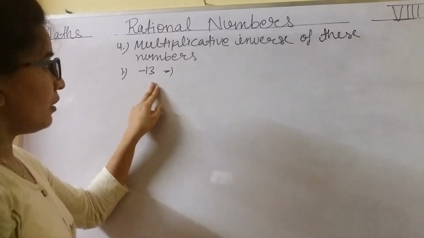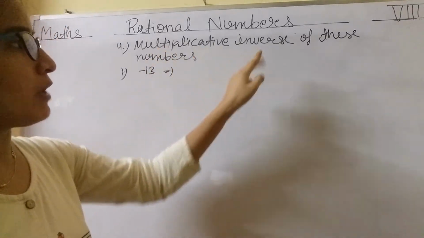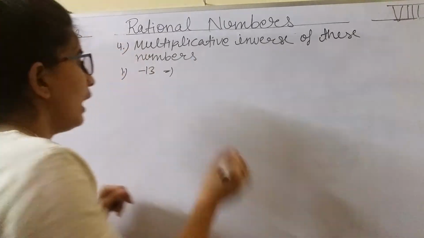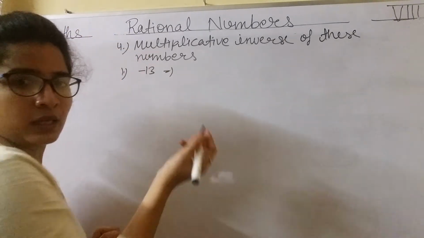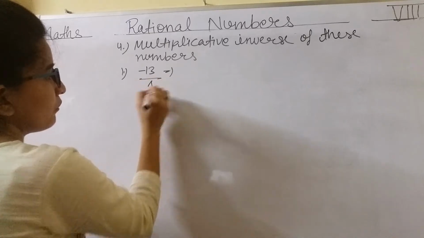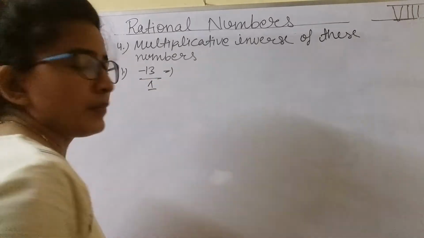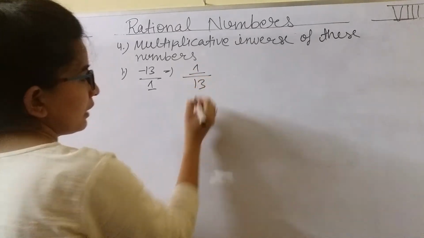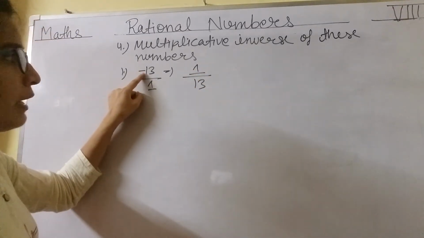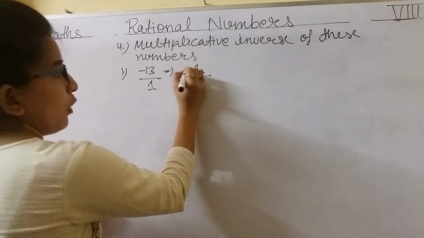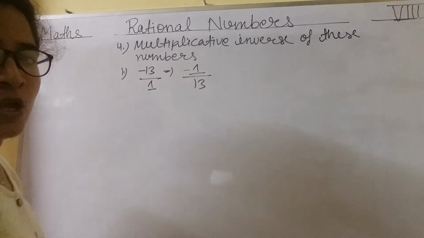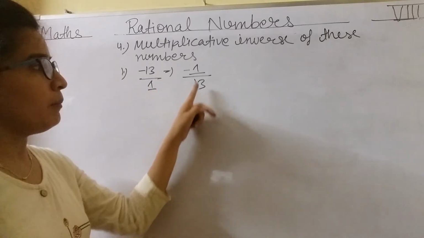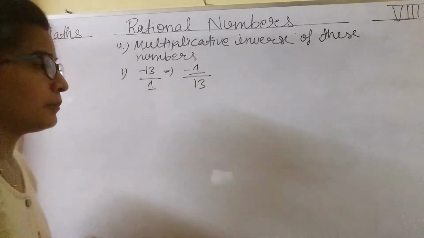For writing down the multiplicative inverse of minus 13, we have to take the reciprocal of that number, and if we don't have anything in the denominator, we assume it 1. So the reciprocal will be 1/13, and if the numerator has the minus sign, that will always remain on the numerator. So the multiplicative inverse of minus 13/1 will be minus 1/13.